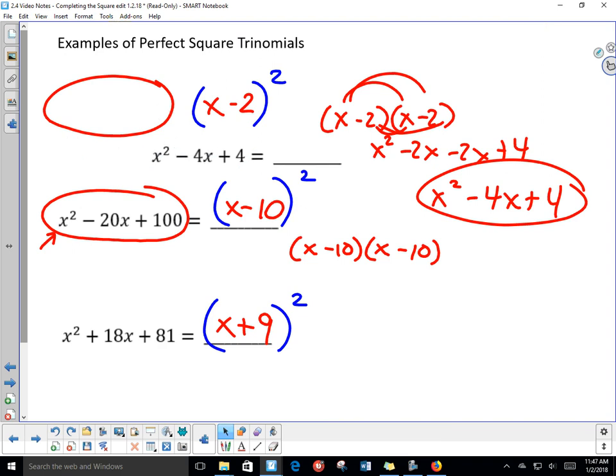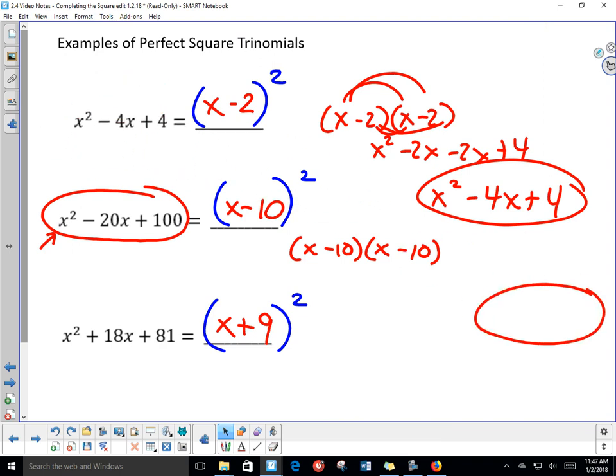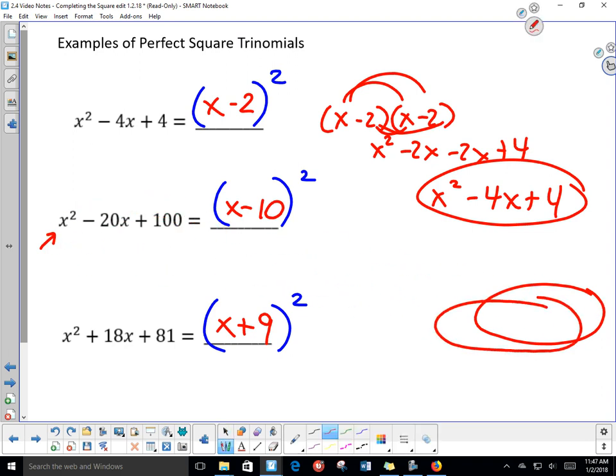Okay, so what I'm hoping you're going to notice is, for example, in this one, if I took half of negative 20, that'd be negative 20 over 2, that's negative 10, and if I square that, I'll get this. So half of negative 20 is negative 10, and negative 10 squared is positive 100.